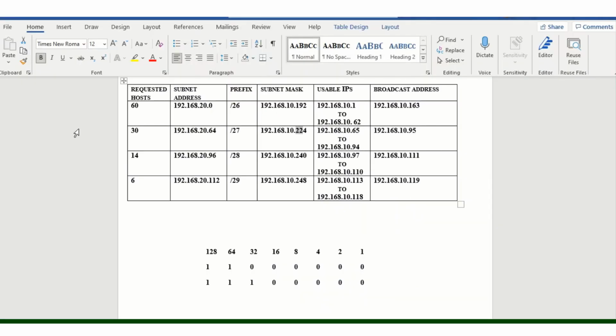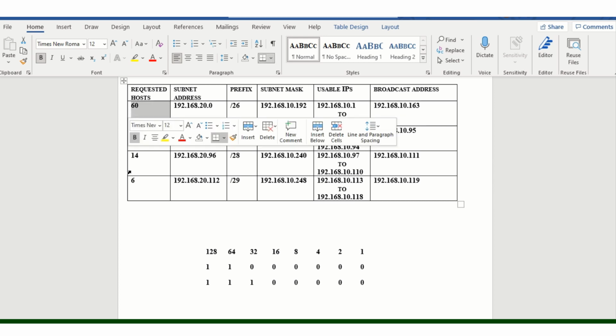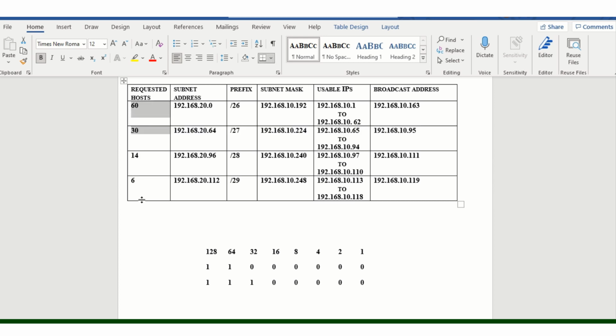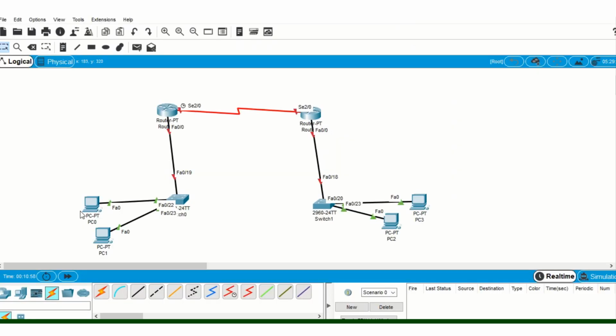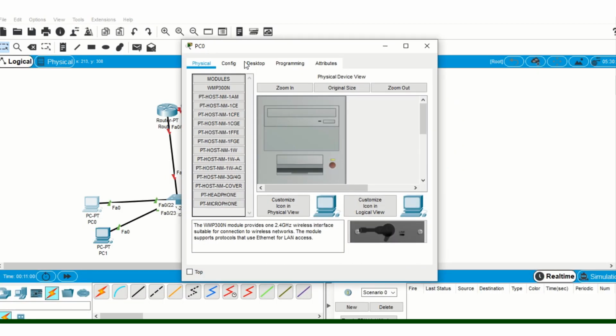Here you can see there are 4 networks, but I will first make these two, and I will leave the other two for you to practice. Alright, so the first subnet will be this one. First I will configure the PCs.